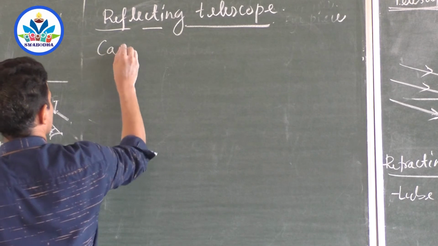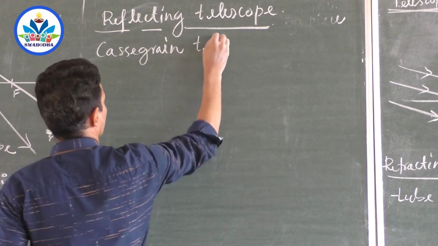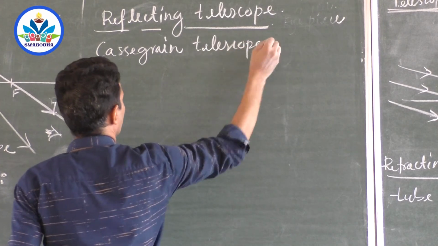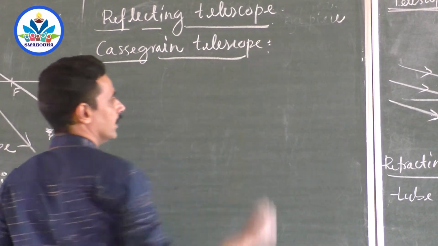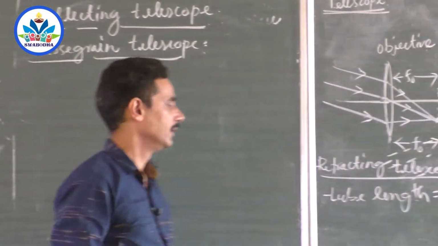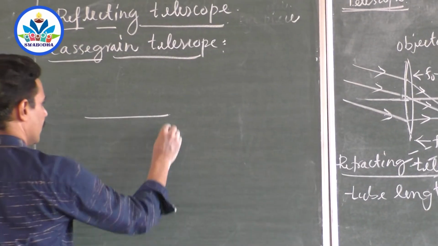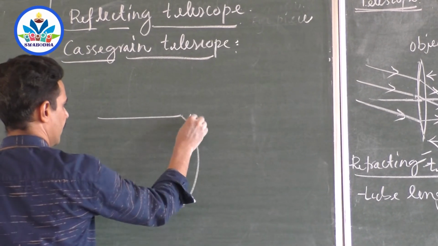And we are especially using the Cassegrain telescope. Now, what does it use? In this part, it uses a mirror. Only a ray diagram is enough. It consists of a concave mirror like this.